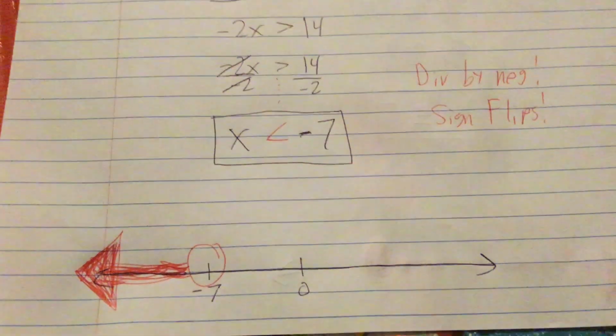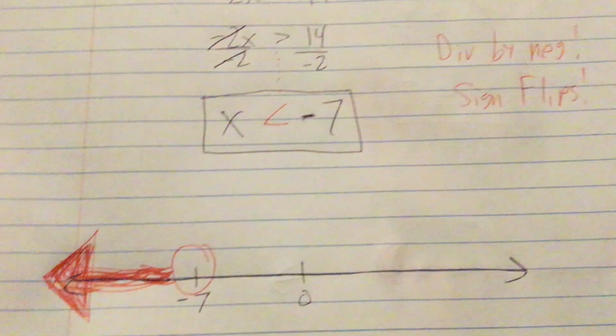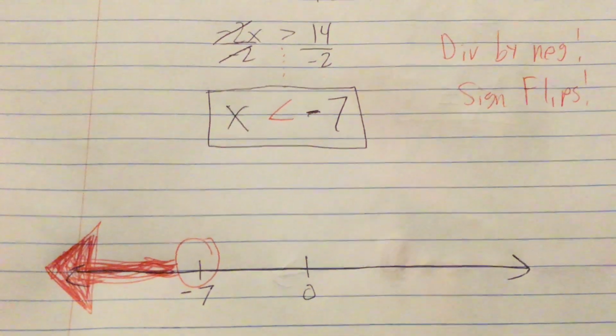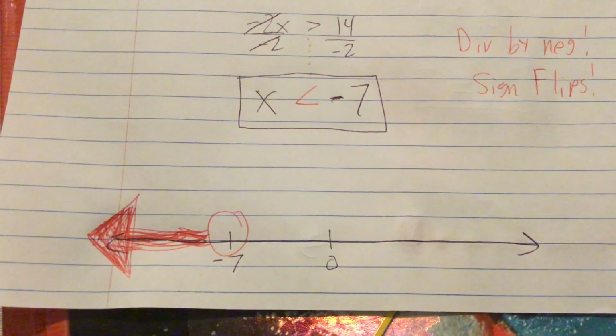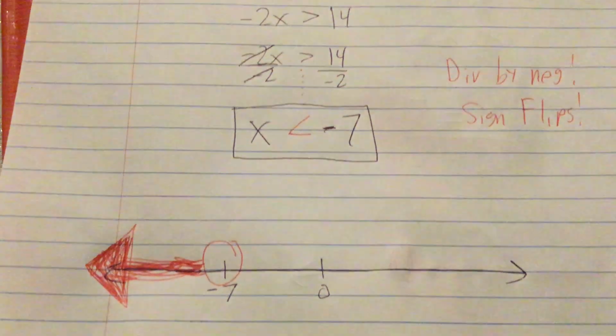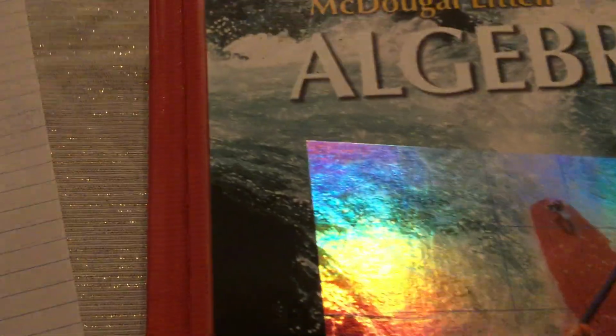We reach the end of our number line, so we put a big fat arrow to say that we're going to negative infinity and beyond. But is negative 7 itself invited to the solution set birthday party? x is less than negative 7, not less than or equal to, so we leave that endpoint open. Okay? All right, that was problem number 4. 4 more to go, and we'll call it a day.